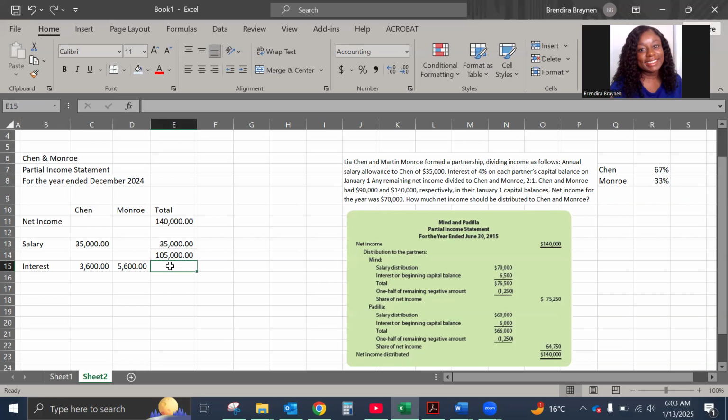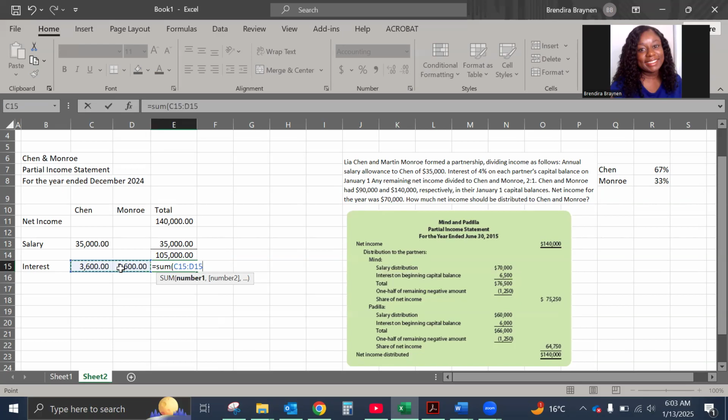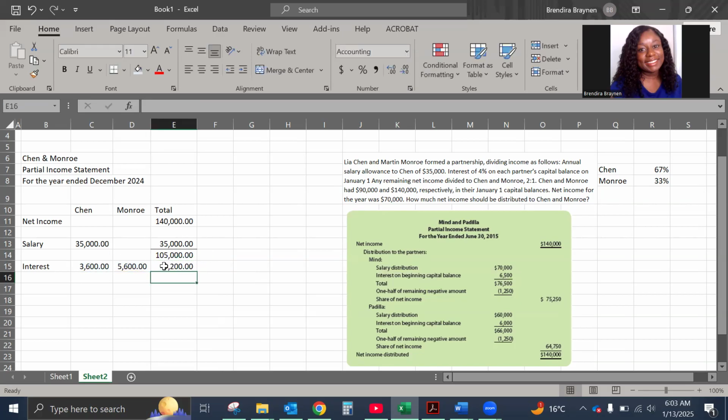All right. When I add these, we normally add across. When I add the interest together, that means $9,200 is being paid in interest and should come out of this 105 that's left. So 105 minus 9,200 means that I have $95,800 left after paying salary and interest.